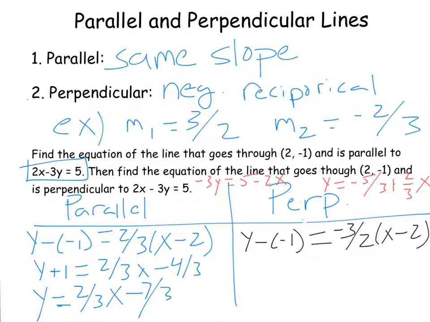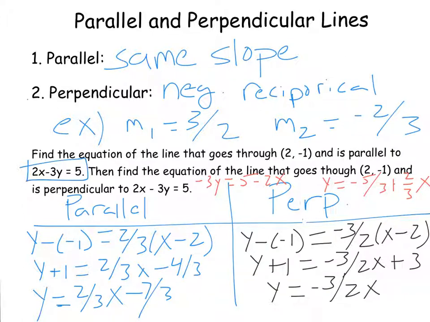And I'm still going to have x minus 2 because this line is also going through that same point. Steps to simplify are identical. When I distribute here, I actually end up getting plus 3, and then when I subtract that 1, I actually don't have any fractions to deal with. I get -2/3 x plus 2.